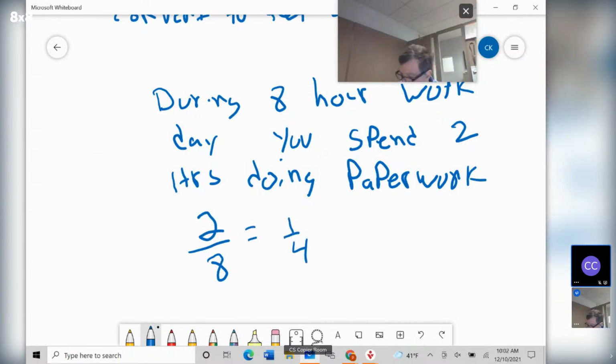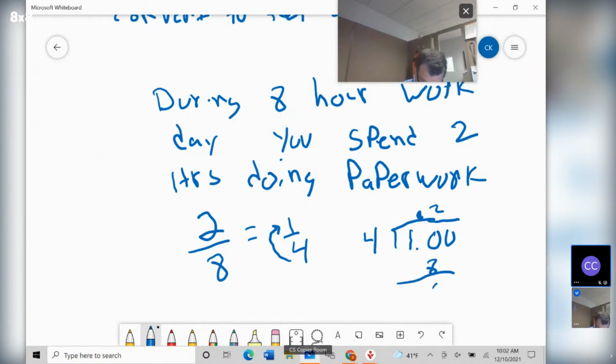Okay, so if we wanted to convert this to a decimal, we would divide the bottom into the top, just like we did in the other ones. So that would be 4 into 1.00. Bring the decimal up. 4 goes into 10 2 times. 2 times 4 is 8. 10 minus 8 is 2.